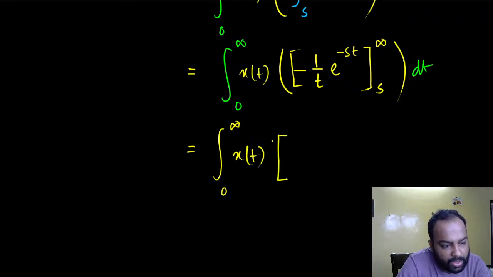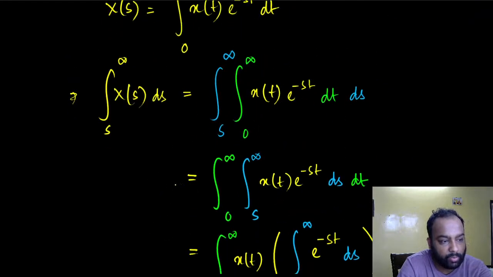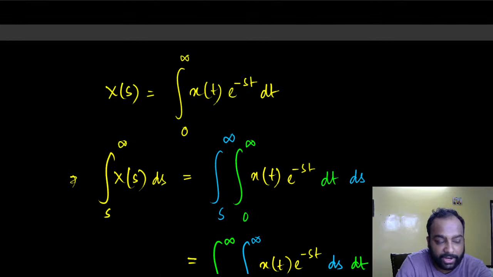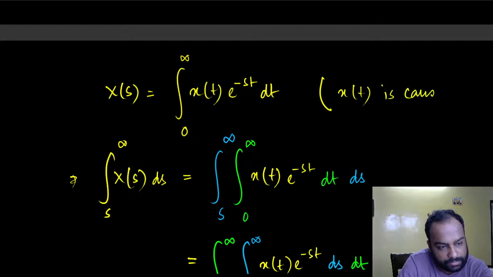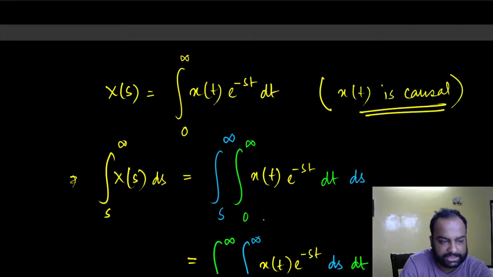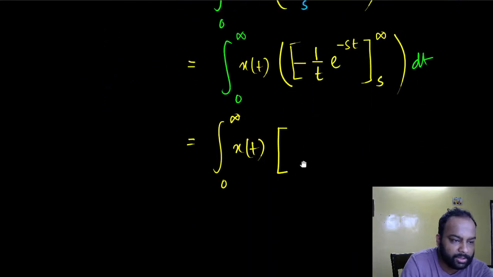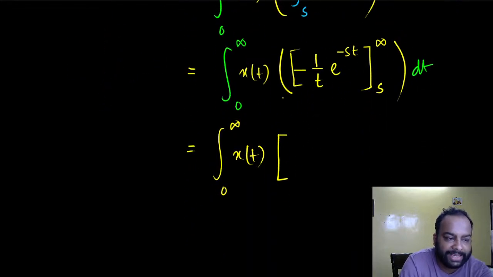So here we have to put the upper limit and the lower limit. Now look at the upper limit here. Just one more thing, we change the limit from minus infinity to 0. Of course, just keep in mind, since x(t) is causal, we just change the limits here to suit our need. Now here t is positive throughout.